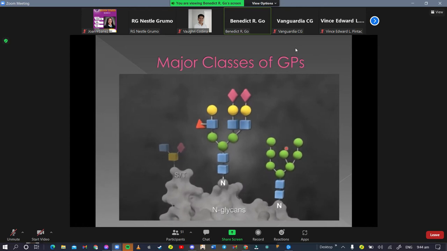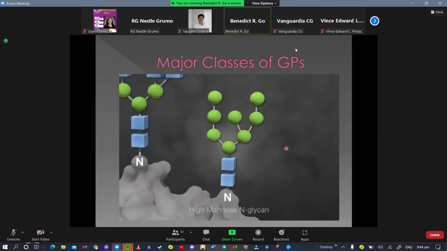N-glycans are attached to asparagine residues of the protein, shown with an N. N-glycans have a common biosynthesis pathway, which is reflected in the common structure of their core. N-glycans can be high mannose, which means all the component monosaccharides are mannose residues, with the exception of the 2 core N-acetylglucosamine or GlcNAc residues.